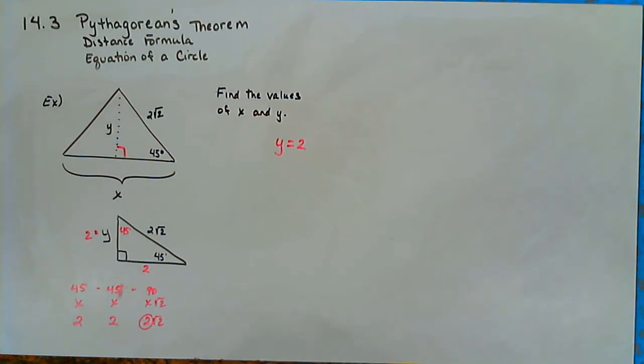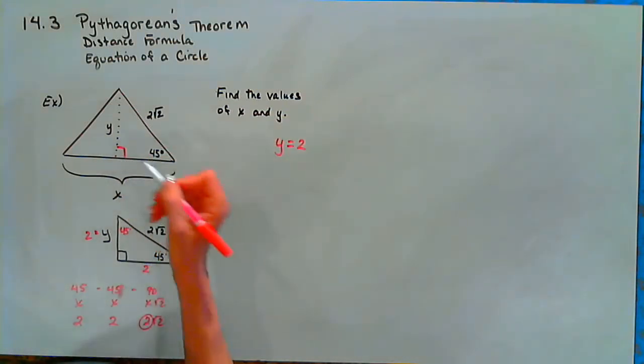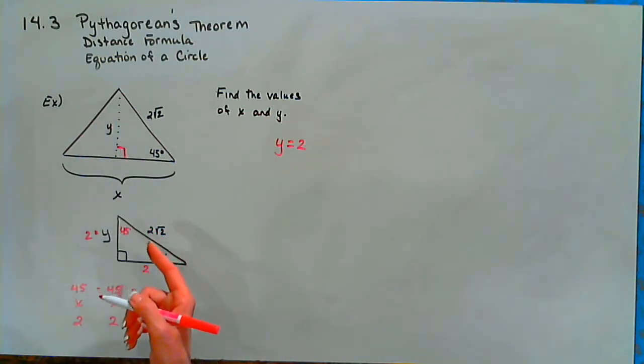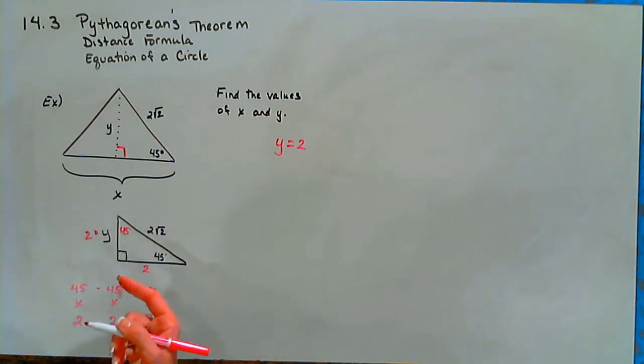And now let's go back and figure out what x is. All right. Well, if I go back and figure out what x is, I guess I would have to give you the fact that it hits the midpoint, or I'd have to give you the fact that this triangle is isosceles.